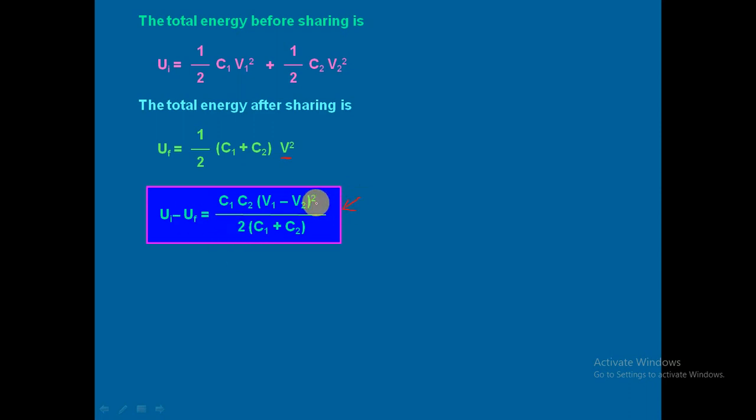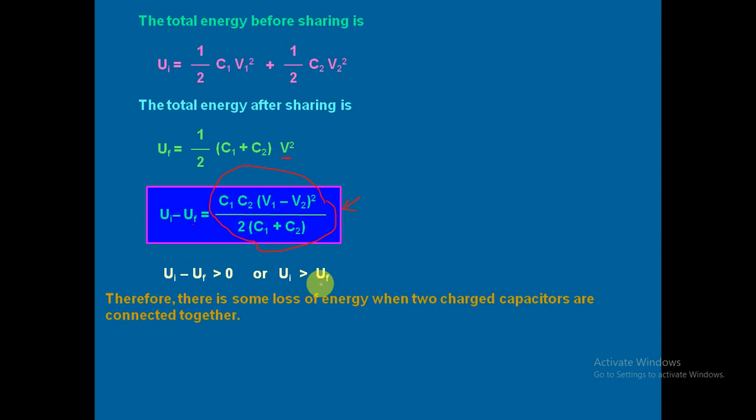C1 and C2 are positive, and V1 minus V2 is squared, so this term is positive. So Ui minus Uf, initial energy minus final energy, is greater than 0. The initial energy is more than the final energy, which means energy has been lost. Therefore there is some loss of energy when two charged capacitors are connected together.